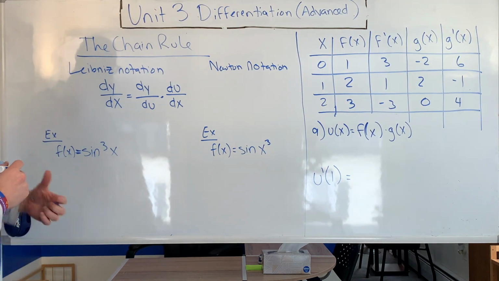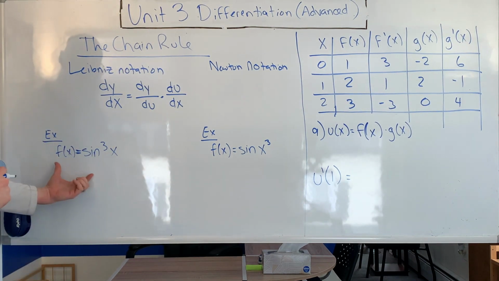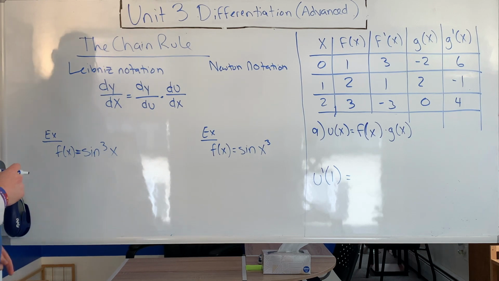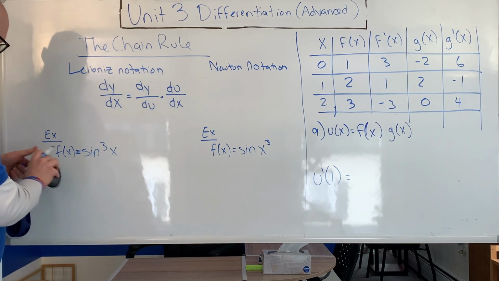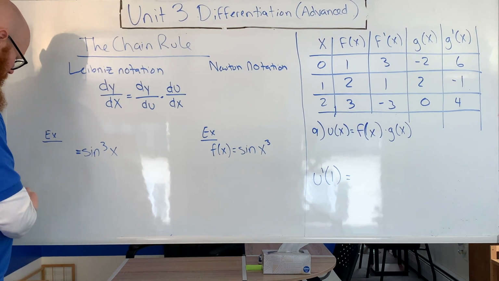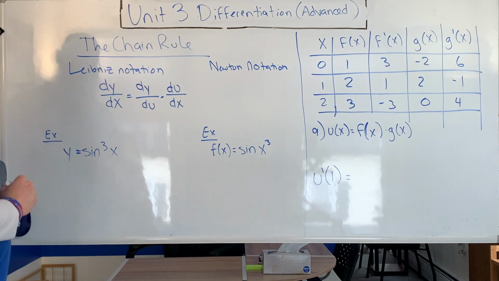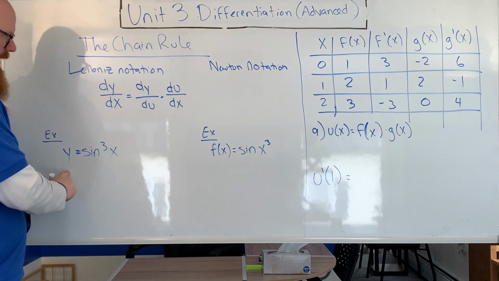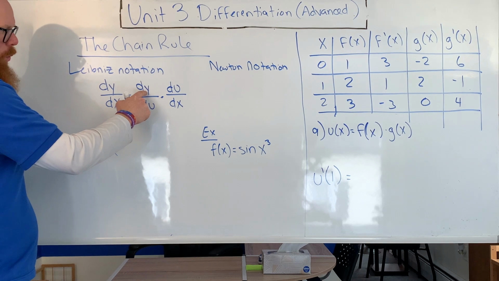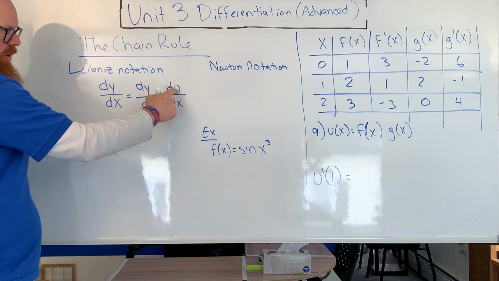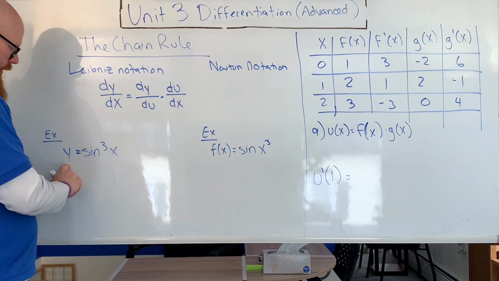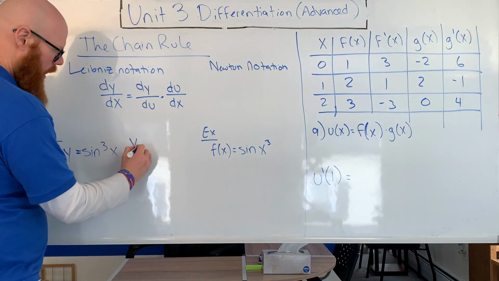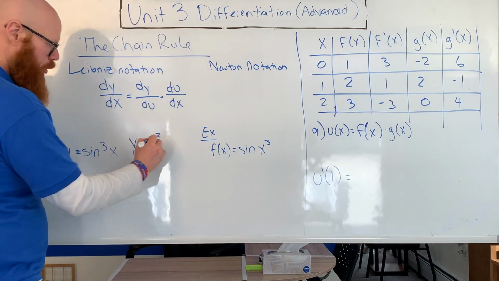To show how this works, I'm going to change this and make this y. If we're looking for dy dx, what we need is y in terms of u and then u in terms of x. So we can think of this as y equals u cubed.